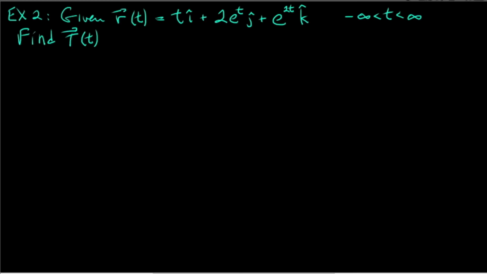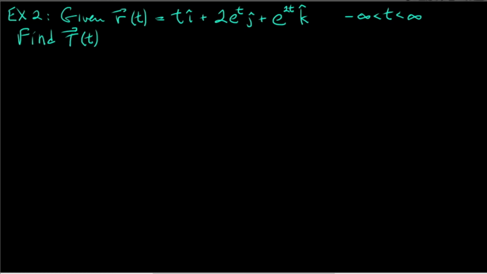All right, so now let's do another one. Okay, so we're given another vector valued function, and we can think of this as the position function. r of t is t times i plus 2e to the t times j plus e to the 2t times k. And this is again for any real number t.